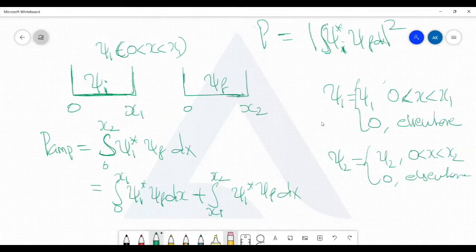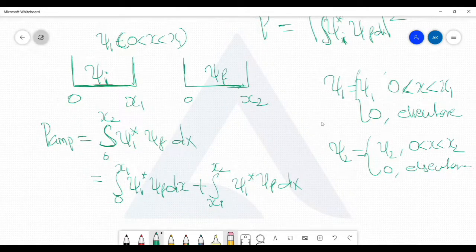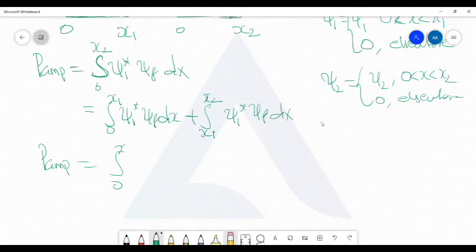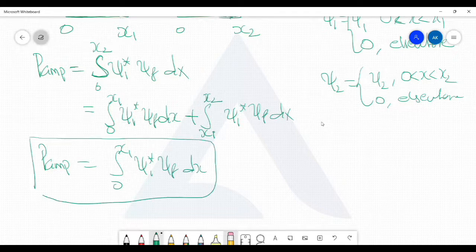Okay, therefore probability amplitude is simply 0 to x1 psi 1 star psi final dx. That is, while calculating the probability amplitude, you have to restrict the limit of integration in such a way that in that given limit both wave function exist. Okay, you have to choose the integration limit such a way that both the wave function exists.